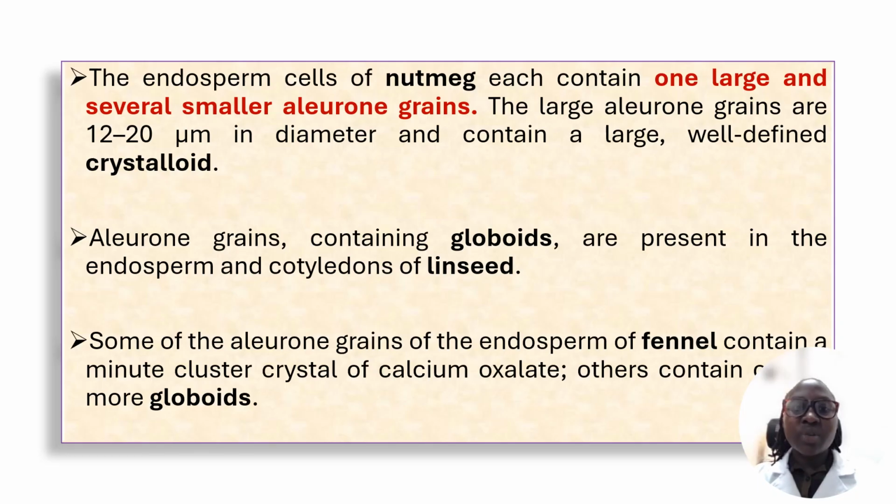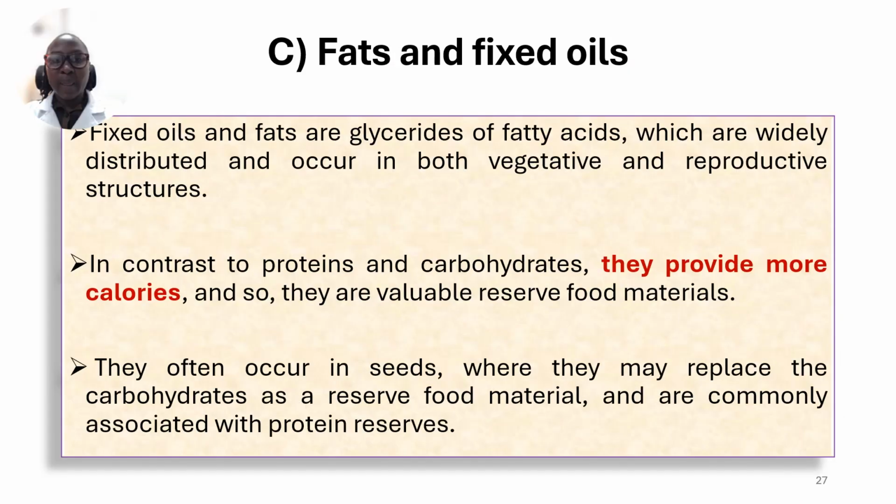So aleurone grains containing globoids are present in the endosperm and cotyledons of linseed. Some aleurone grains of the endosperm of fennel contain a minute cluster crystal of calcium oxalate. Others contain one or more globoids. So we shall see what these calcium oxalates are and how they actually look like when viewed under the microscope.